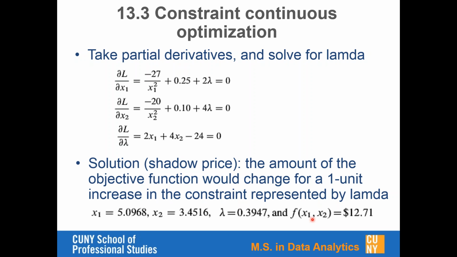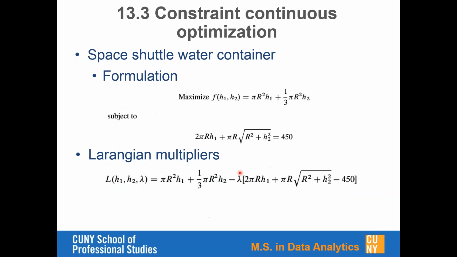What's the corresponding change of your objective function? In this case, we say that the solution actually represents the shadow price. The amount the objective function would change for a unit of increase in the constraint is represented by lambda. So that's an interesting observation. If you pay attention to the textbook on this section, there's some useful information there, I believe. So go ahead and definitely dig into that.